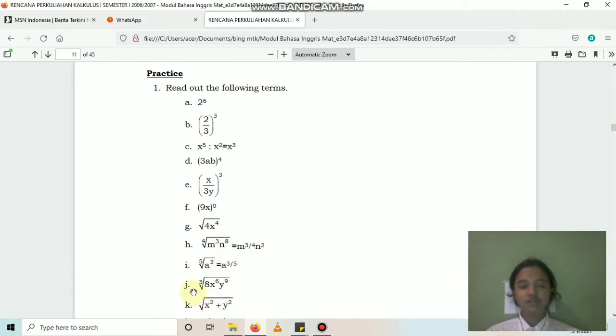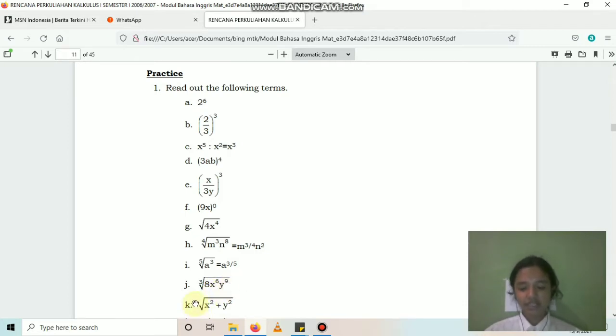Next, the cube root of 8 is the power of 6 times y the power of 9.